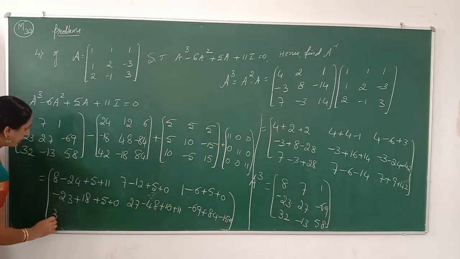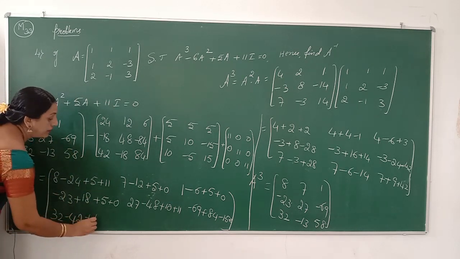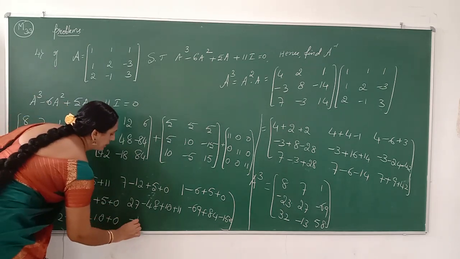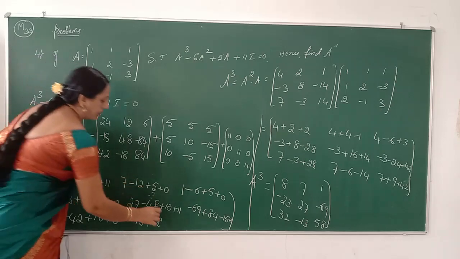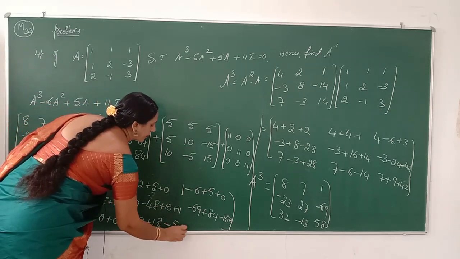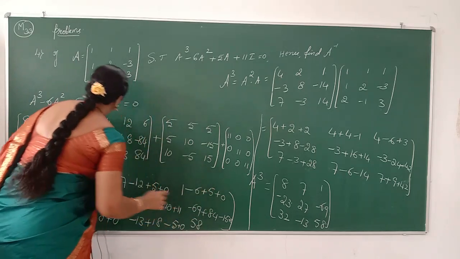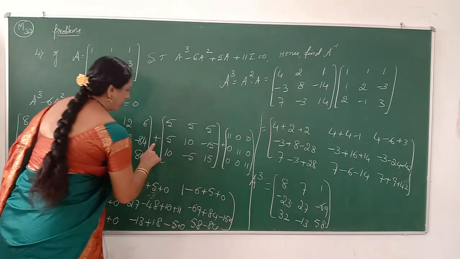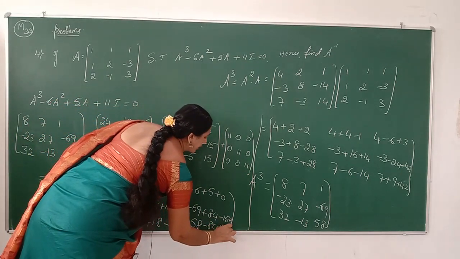Third row: 32 minus 42 plus 10 plus 0, minus 13, minus into minus is plus 18 minus 5. Last one is 58 minus 84 plus 15 plus 11.